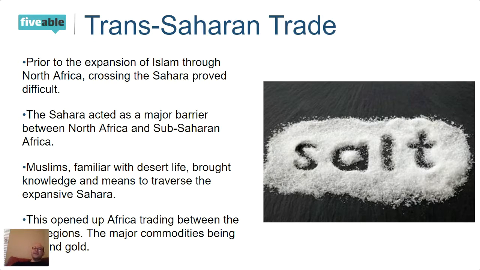Now, because of this, technologies from the Arabian desert are now going to be diffused over to North Africa, which is going to make a very powerful transition in the trans-Saharan trade. Okay, so we have the trans-Saharan trade. Most of you probably know it's the salt and gold trade.